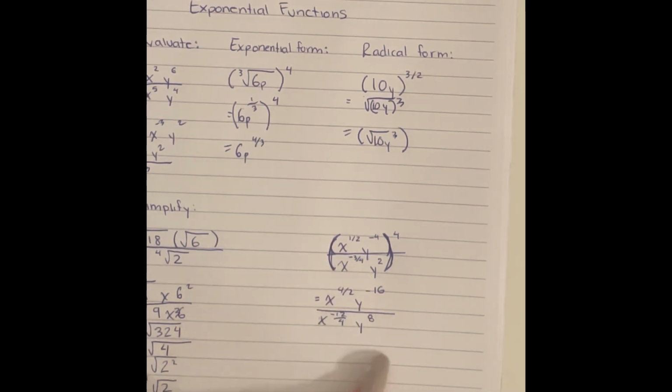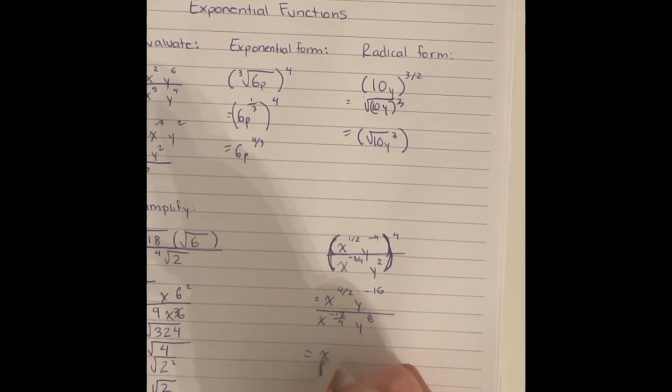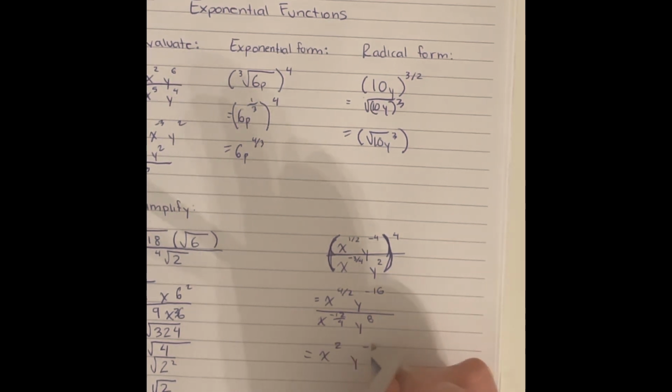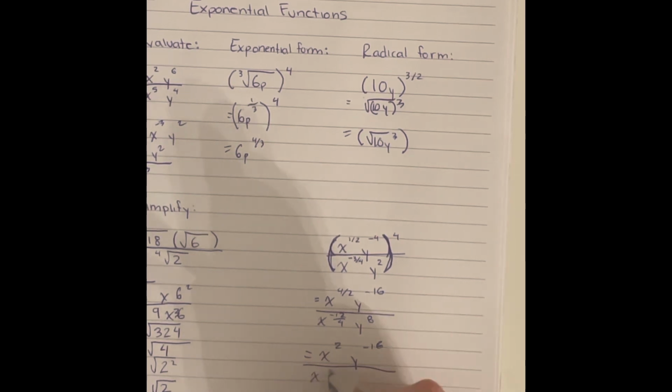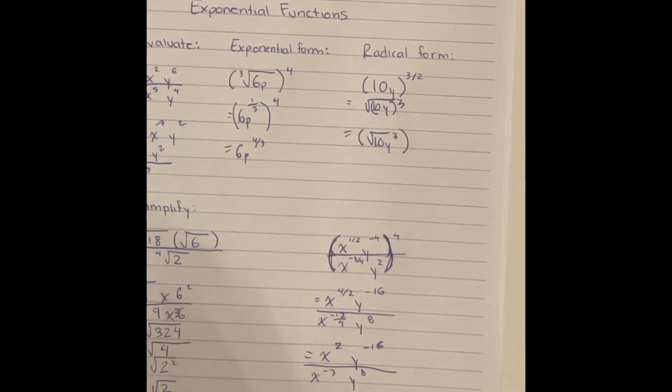Now that we have our x and y values and we've gotten rid of our brackets, we're going to reduce again and just subtract the exponents. So 4 over 2, I'm just going to simplify that to 2, just make it simpler. And same with the bottom, negative 12 over 4 is going to be negative 3. And then y stays the same as 8. So now we can subtract these from each other.